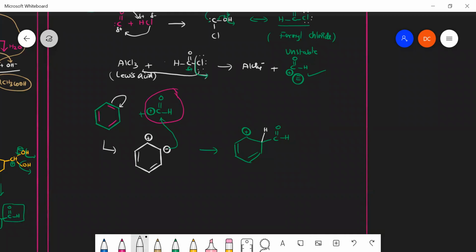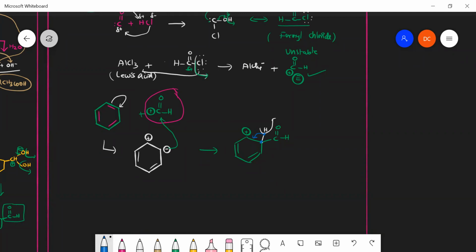Because once the CHO comes here, the H plus wants to leave on its own. Once the CHO comes here, the H plus will go out. Because this carbon is getting more than 4 bonds, one is cleaved. So now this electron, it has one electron. That 2 electron will be transferred here.